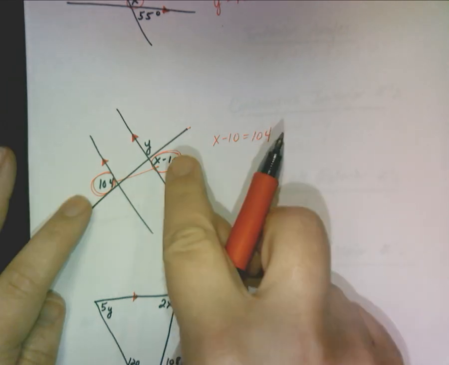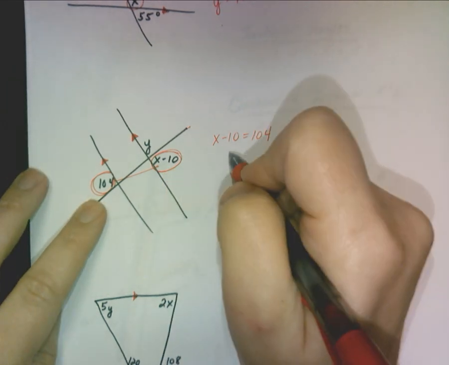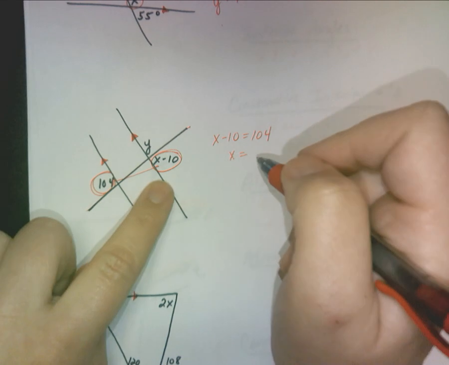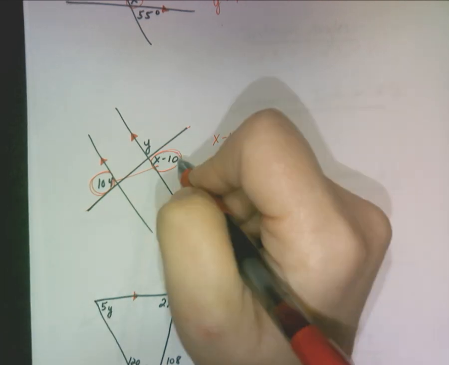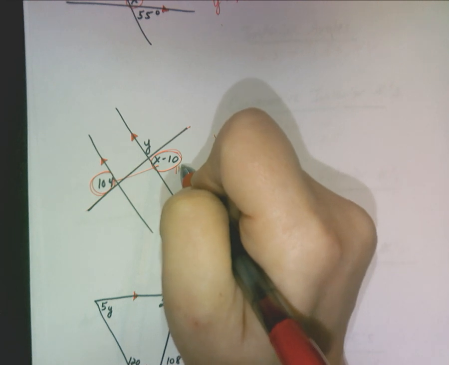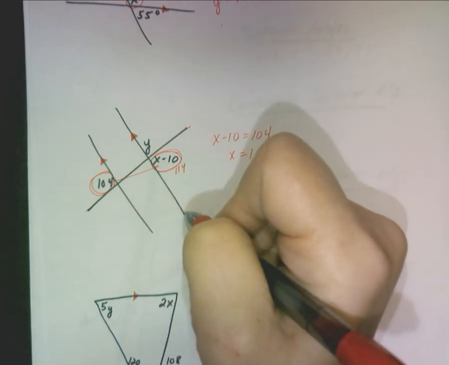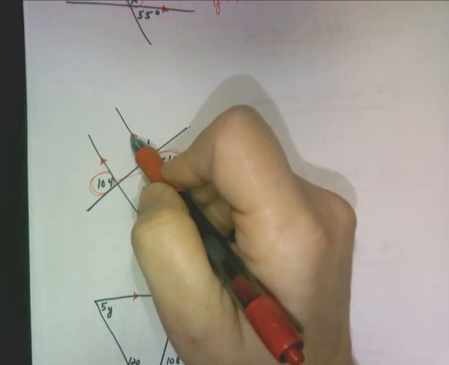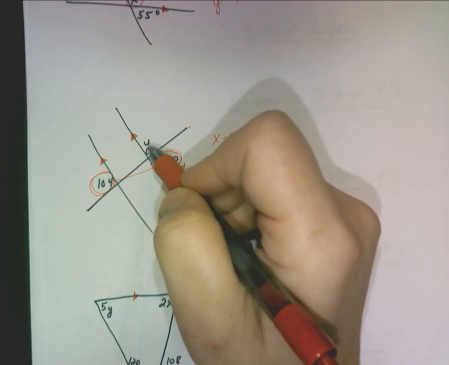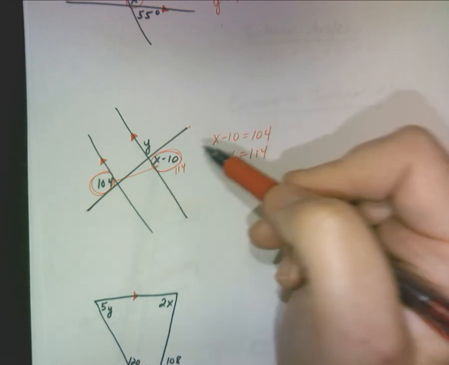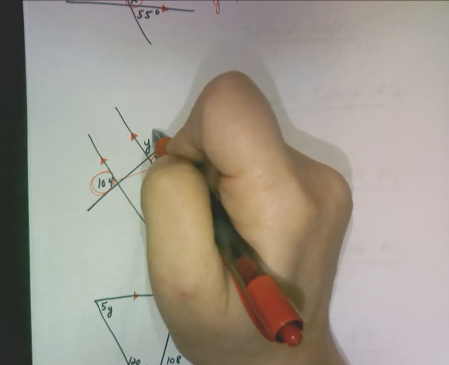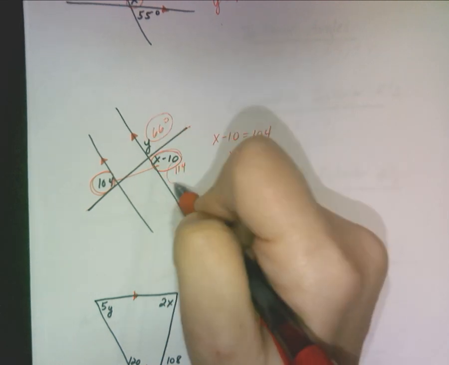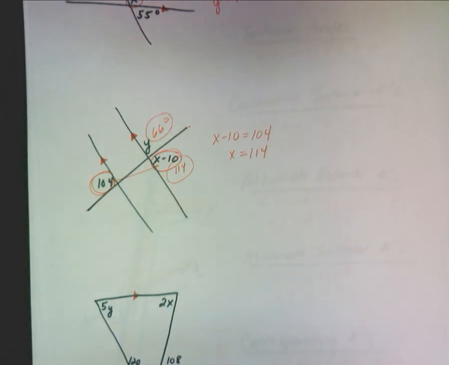So x minus 10 equals 104. So x must be what? 114. So if this is 114 degrees, the big angle, and this is the smaller angle, it's supplementary, it's making a line, so it must be 66. Right? Because 66 and 114 make 180.